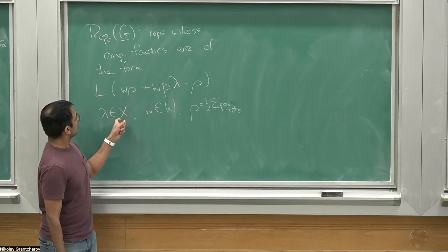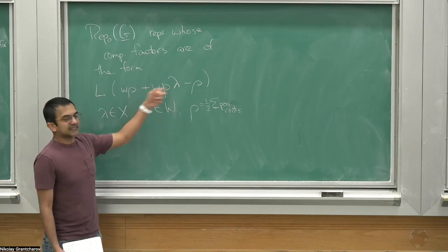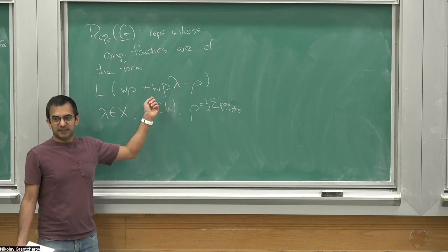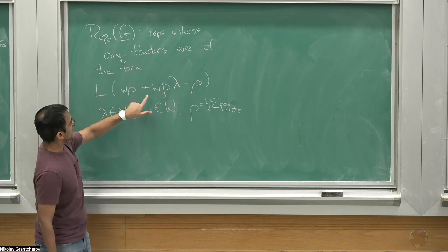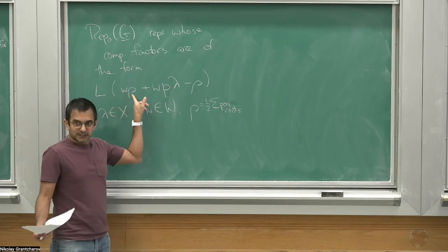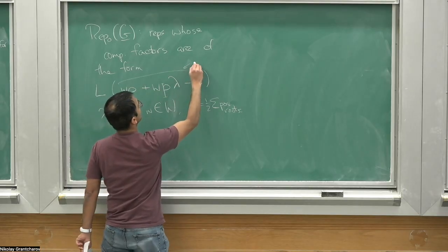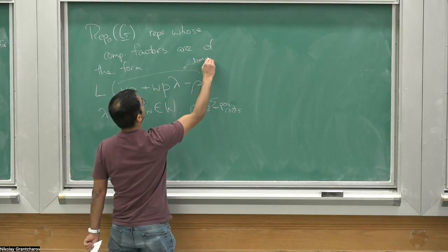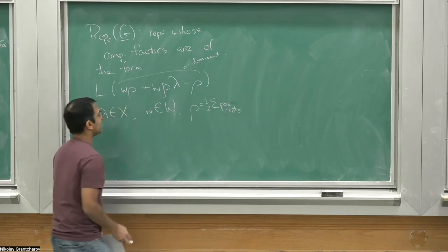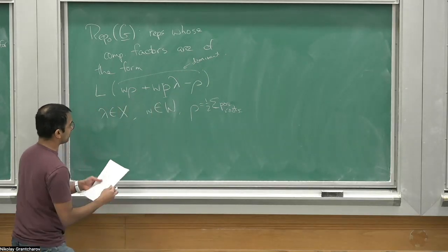If you take a random weight, like if you take lambda and w randomly, this may not be dominant, so then this has no meaning. So when I say composition factors of this form, I mean composition factors where the highest weight, which is necessarily a dominant weight, can be written in this form. It turns out that this formula actually gives you a bijection.